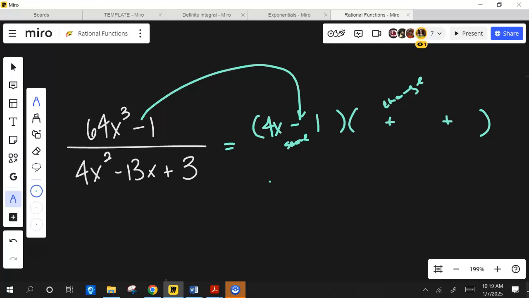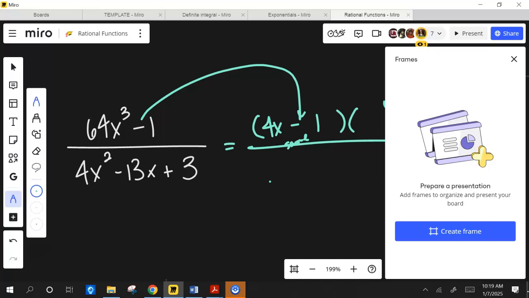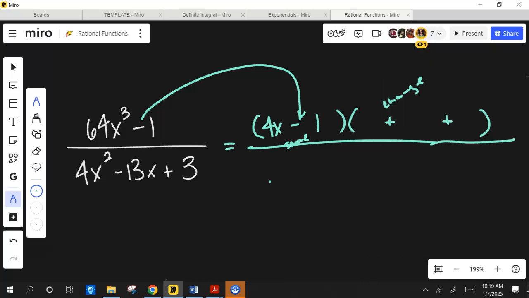Don't look at the bottom yet. We're on just the top of the fraction right now. Sorry. Hi, Harris, I've missed you so much. You're going to have to come up here and sit with me. We haven't looked at the bottom.